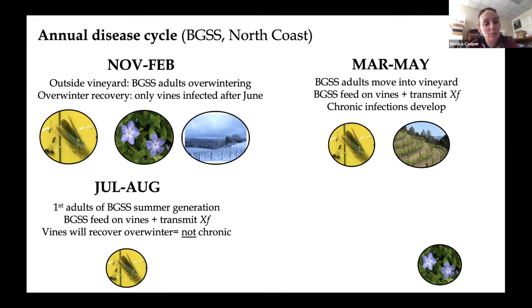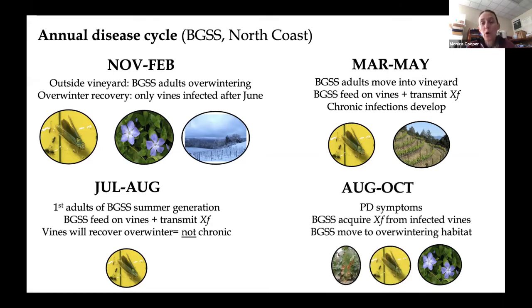And if it doesn't move into the permanent woody structures and we get sufficient cold temperatures during the winter, then those vines will recover and they will never really develop a chronic Pierce's disease infection.